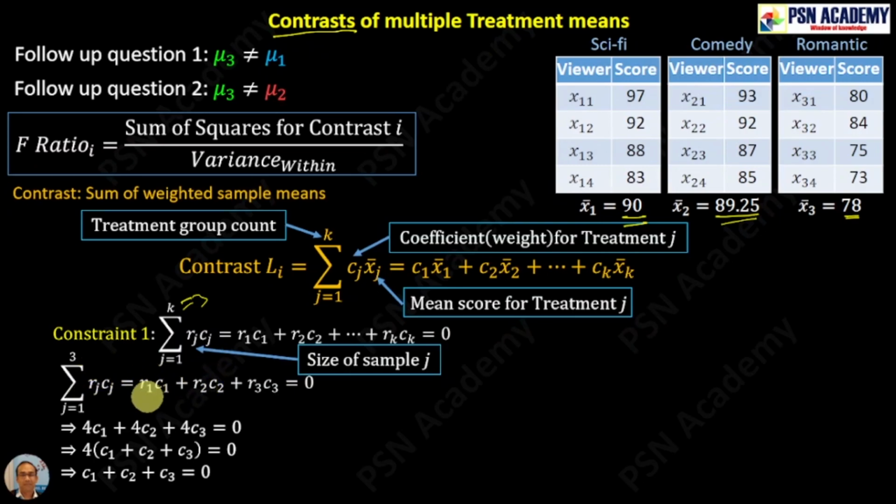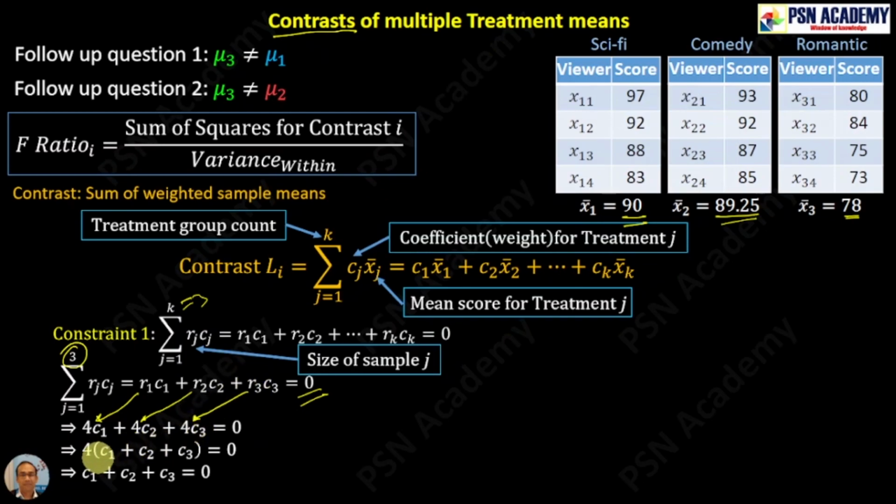So if you go for calculation over this data, the summation r1c1 plus r2c2 plus r3c3 should be equal to 0. R1 is 4, R2 is 4, and R3 is 4.